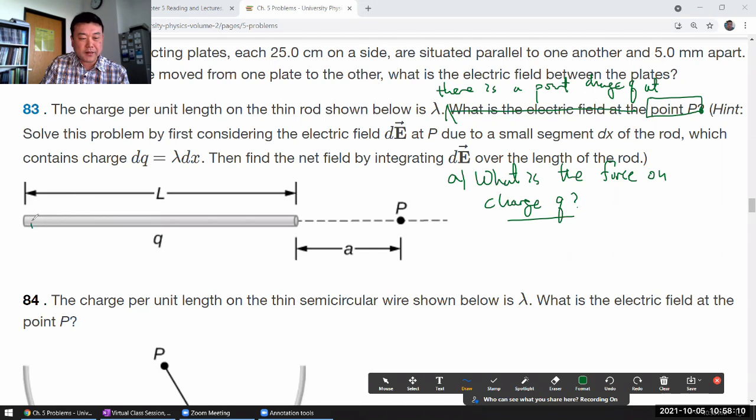I break this up into small pieces. In the video that you will see, I do it in terms of electric field, but given the connection between force and electric field, the method you use for calculating electric field is basically the same method for calculating the force directly.